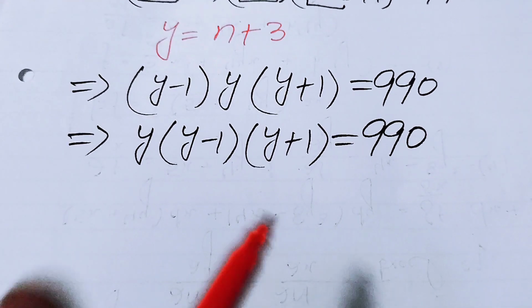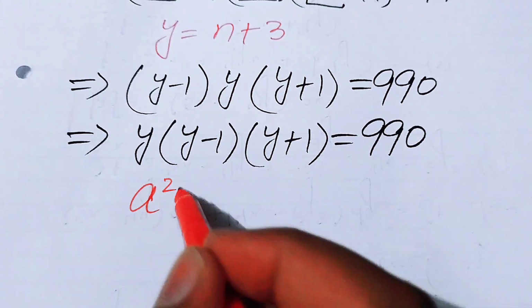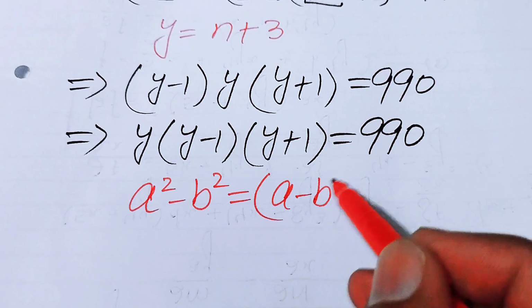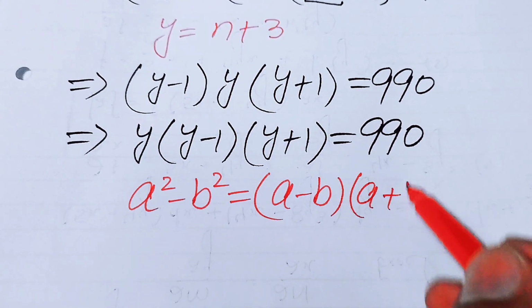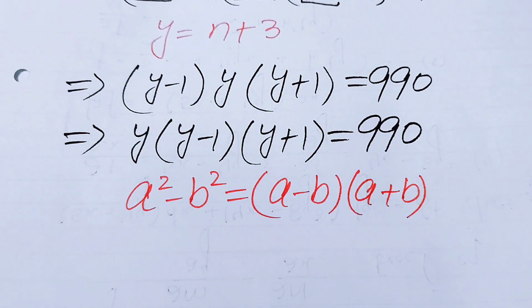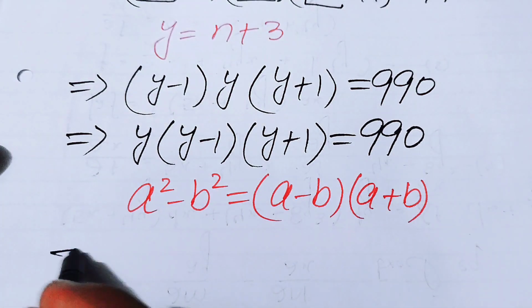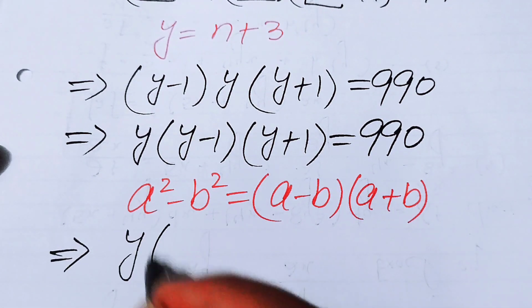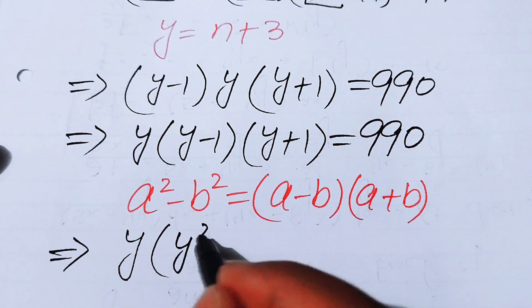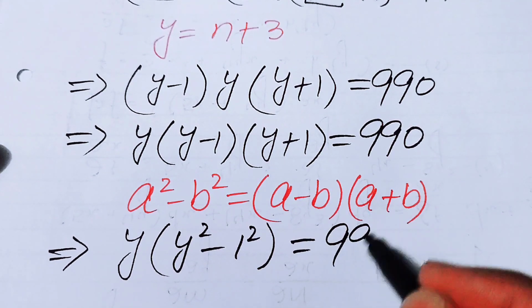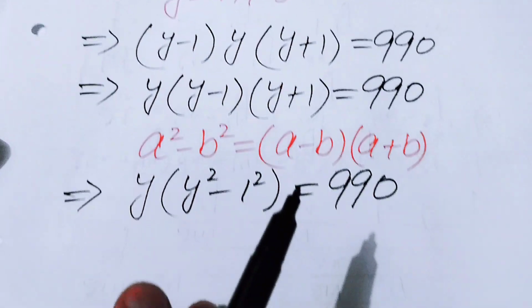You know about this identity: a squared minus b squared equals (a - b)(a + b). So we will use this formula in the above terms, and the above terms will be written as y times (y squared - 1 squared) = 990.